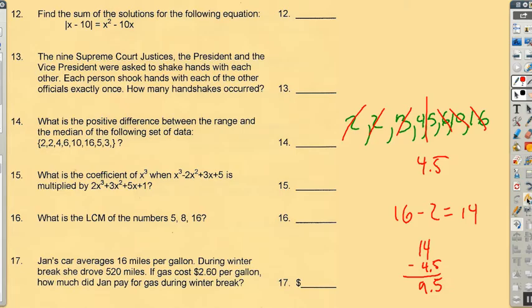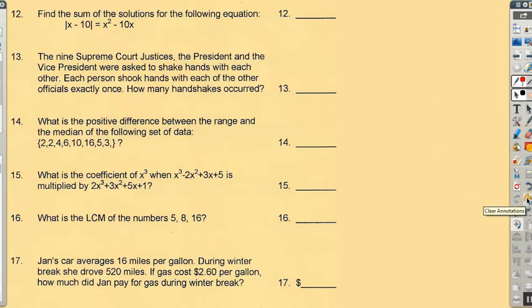Number 15 is a popular problem to either skip or miss. Hopefully that wasn't you, but here we go. This is straight from 8th grade.